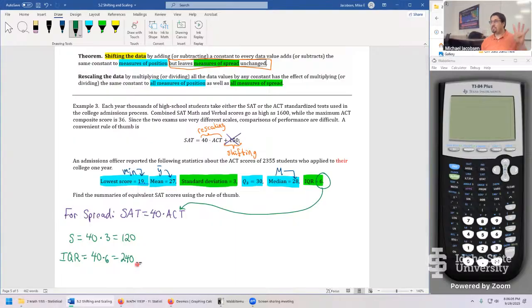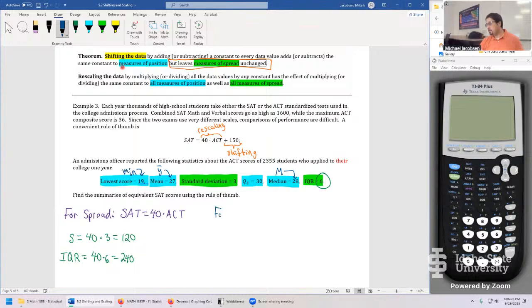We just have 4 more statistics to go, but any questions at the moment? Okay, so now, whatever the formula is, we just use the whole entire formula when it comes down to the measurements of position.